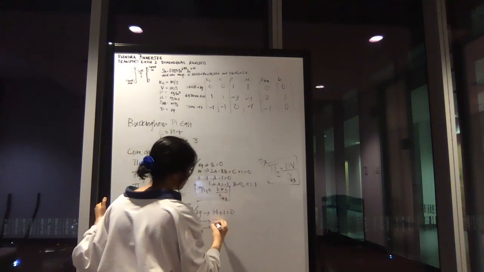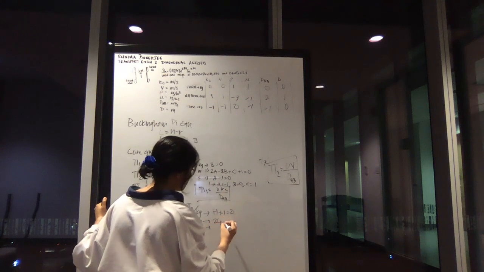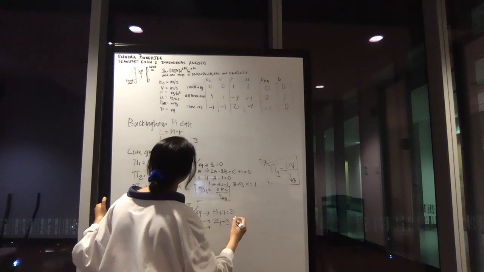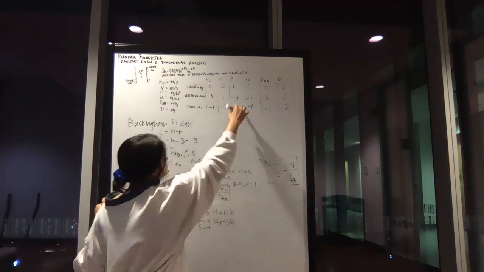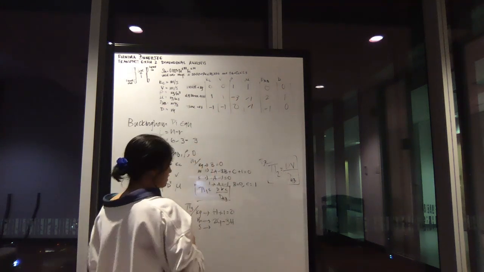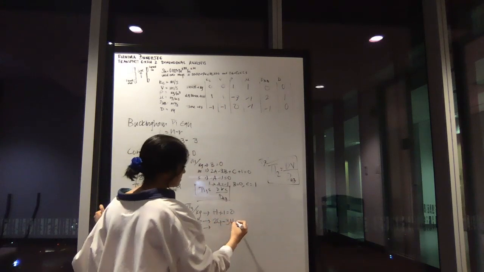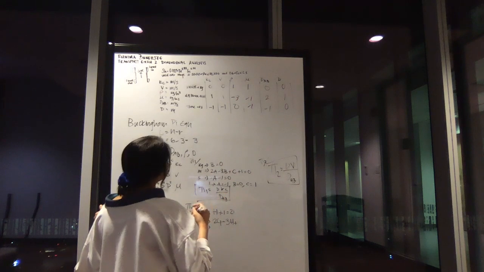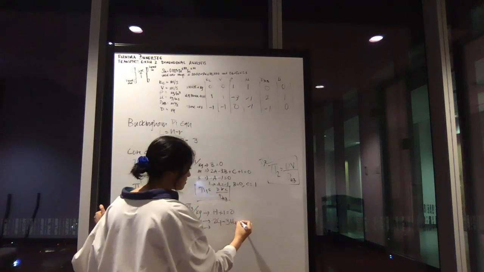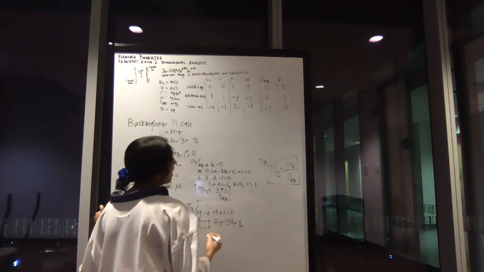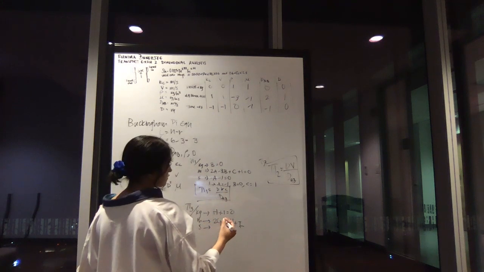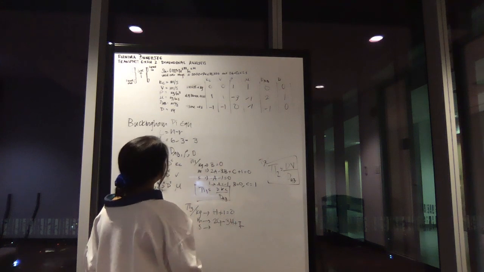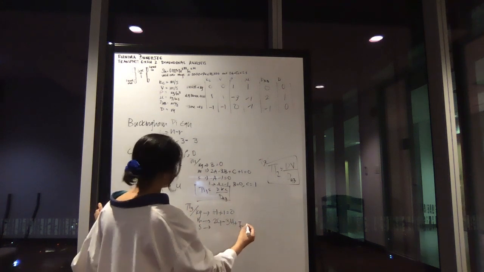So 2G minus 3H, because minus 3 is assigned to the density, and then plus 1 for the diameter, so plus I. And then we're going to look at the non-core group, which is the viscosity in this case, and that is minus 1.